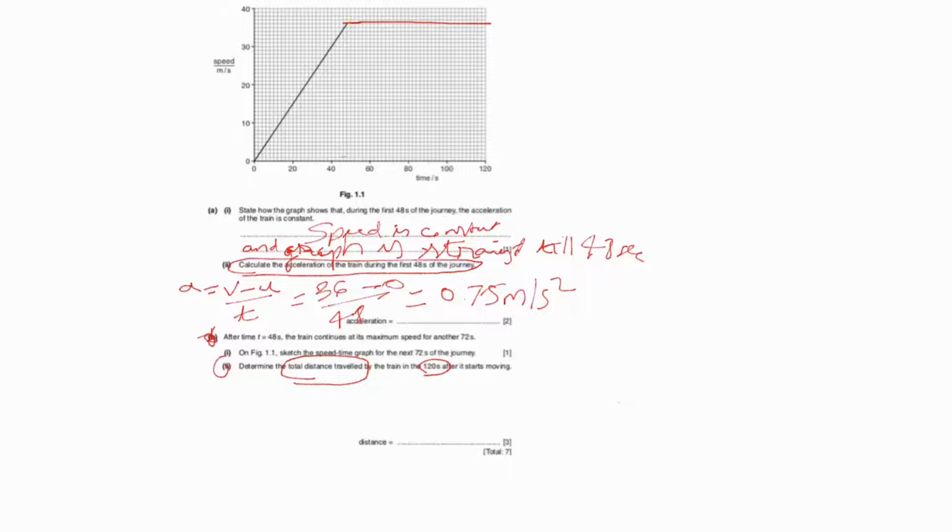First is this triangle, and second is this rectangle. So this is figure A, and this is figure B. If we find the area of this triangle and the area of this rectangle, that will give our answer.